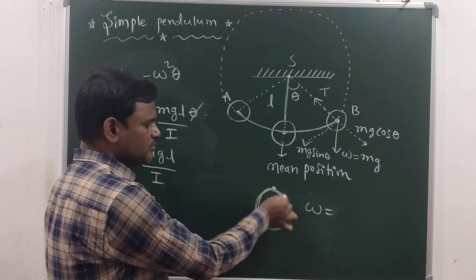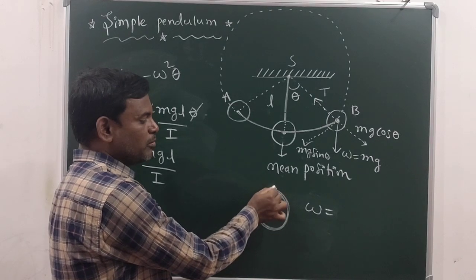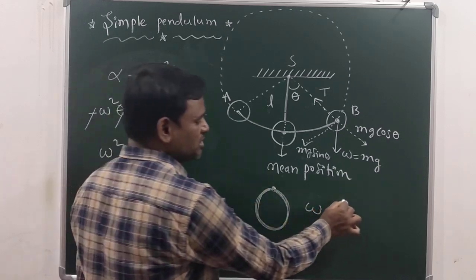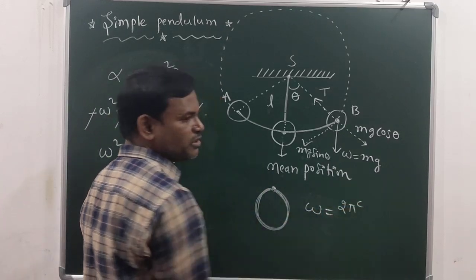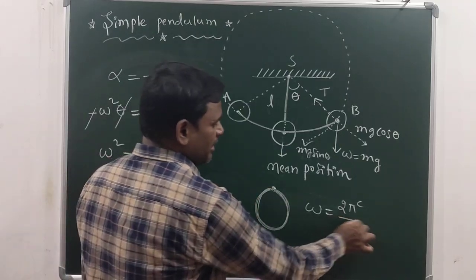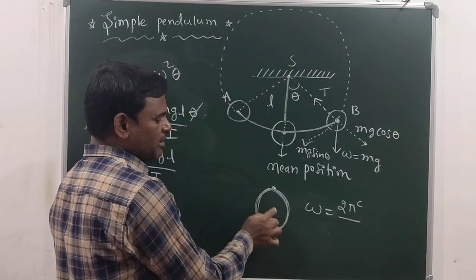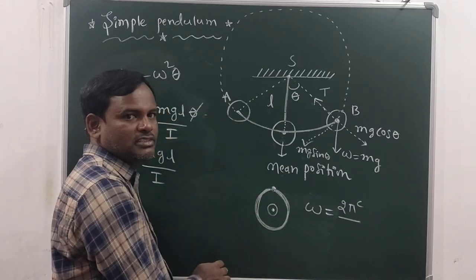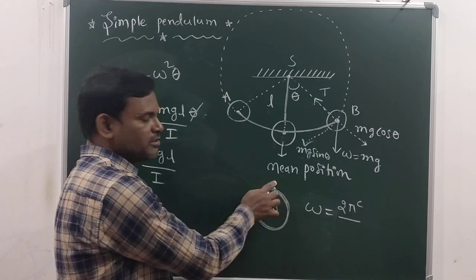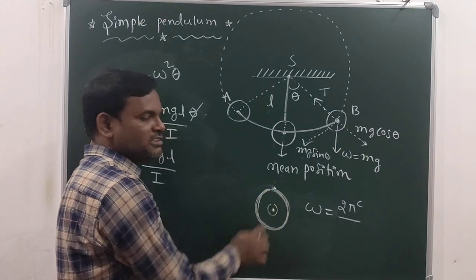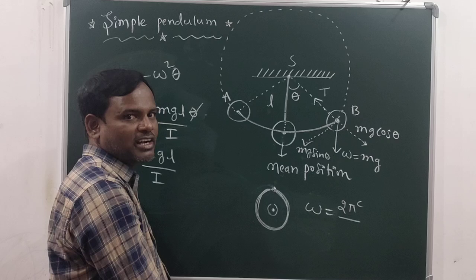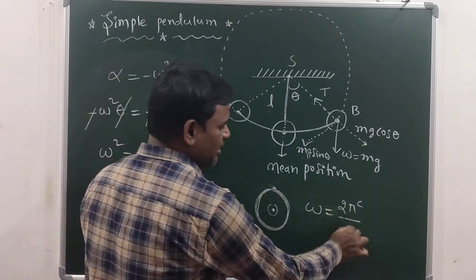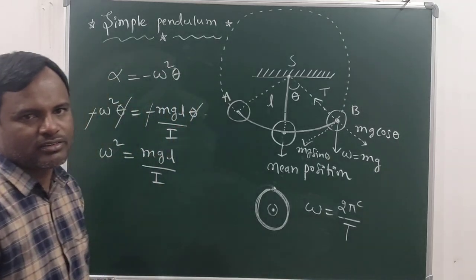On complete rotation, the angle made at the center is 2 pi radians. So that is angular displacement. Angular displacement is 2 pi by T, T means time period.